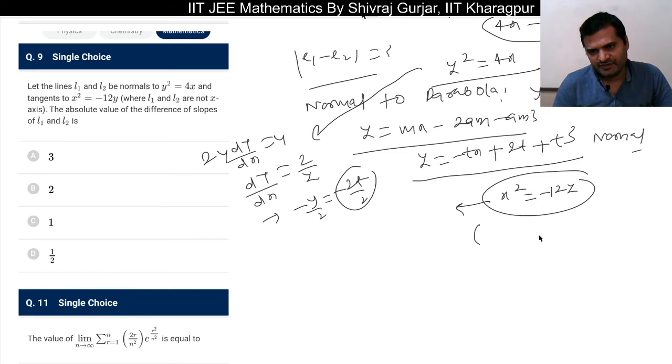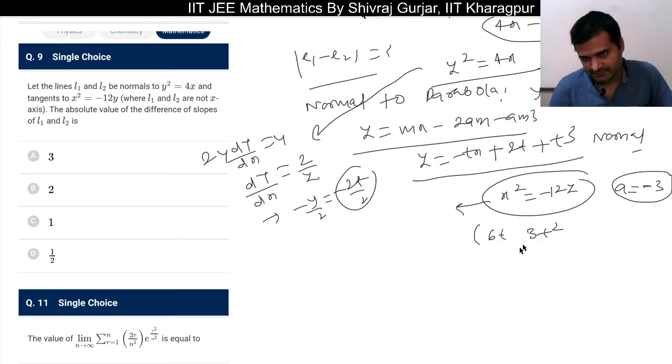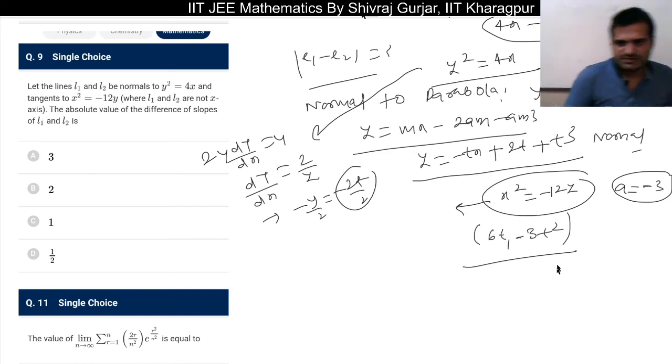If we take x squared equals 4ay, then 4a equals minus 12, so a is minus 3. If we take y as minus 3t squared, then x will be 6t. So this is its parametric form.